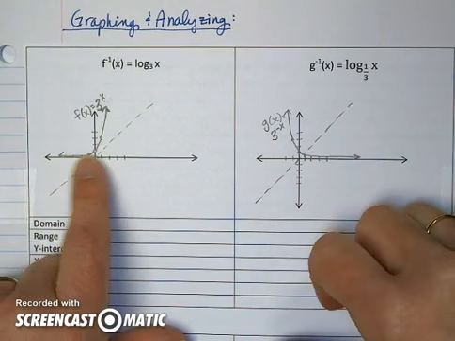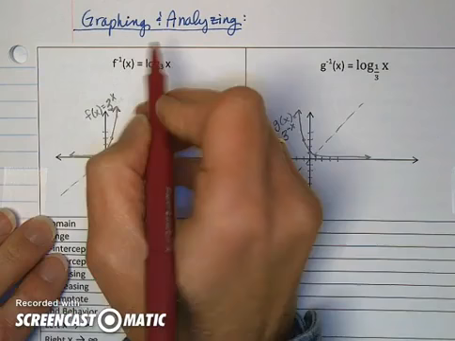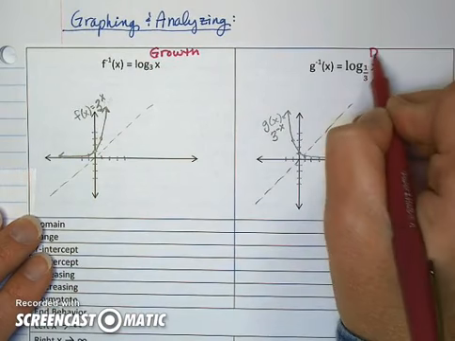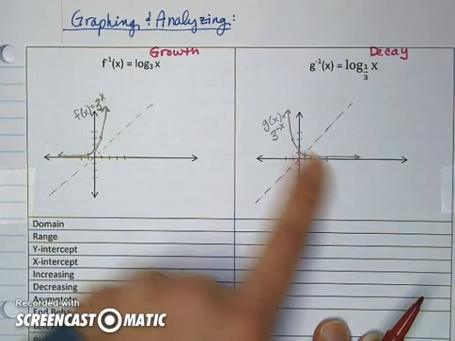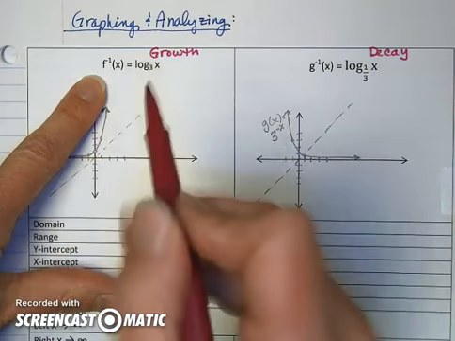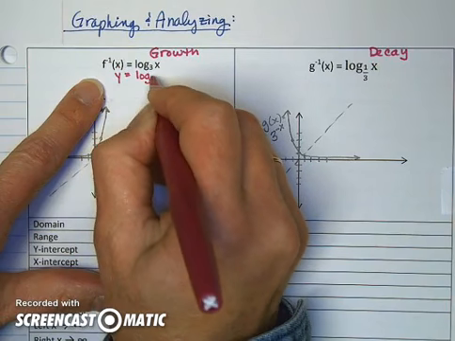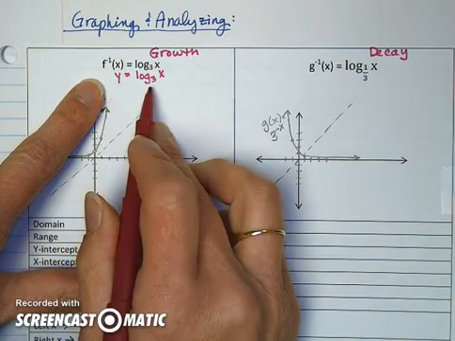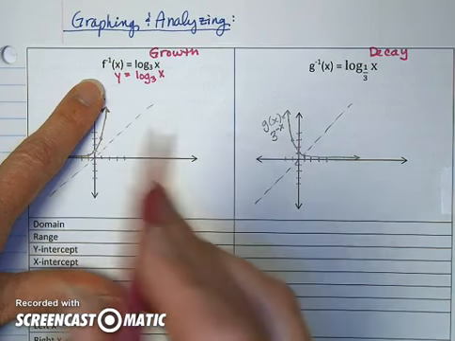This one was the growth. You remember that was the growth equation? So I'm going to label that growth over here. This one was the decay. It's decaying. It was decreasing. Another way to think of this is y equals the log base 3 of x. Remember, that's written logarithmically. We can write it exponentially as 3 to the y equals x.